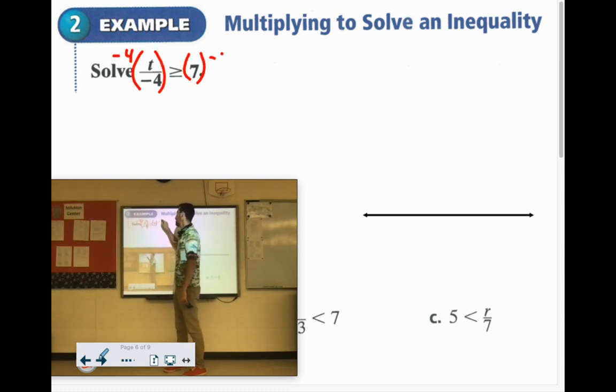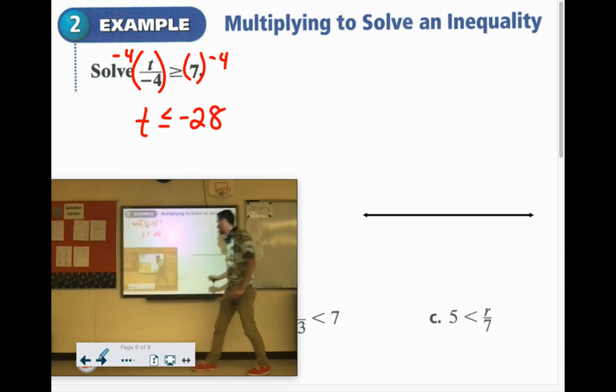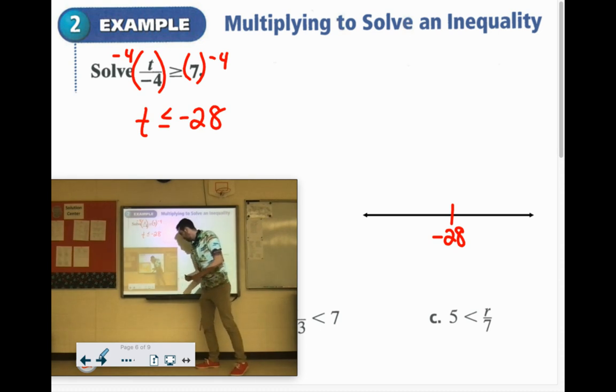Is there anything important I'm supposed to remember when I multiply or divide both sides by a negative? Yeah, we flip the sign. So t is less than or equal to negative 28.